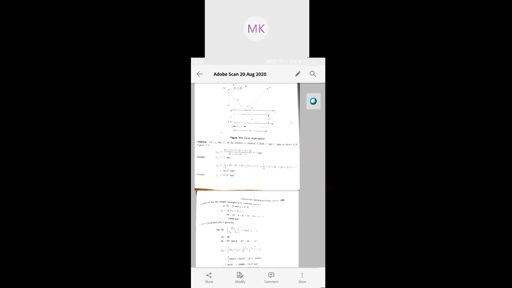But after calculating cxx and cyy, we can easily say that our x-axis and y-axis are at a distance of 11 mm from the x dash and y dash axis, meaning from the section. So now we need to find out h1.